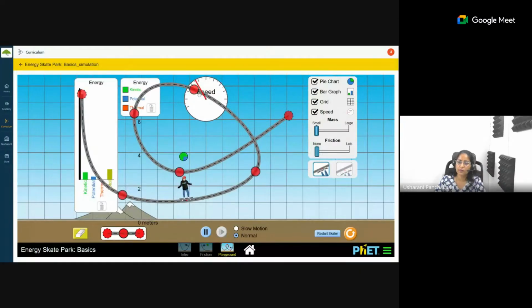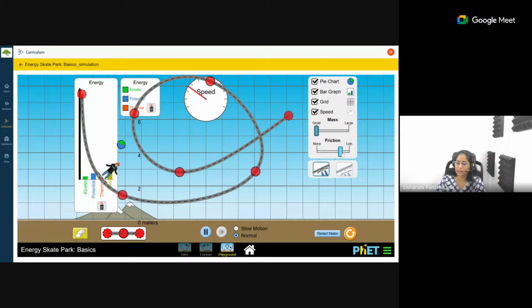This way it will be more engaging and really lively when you use this type of simulation. What happens when the friction is lost? Obviously it will come to a rest at a faster pace. When you want to use a different surface, you can use that here.